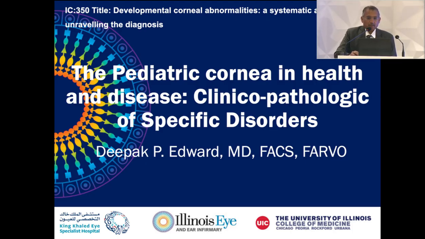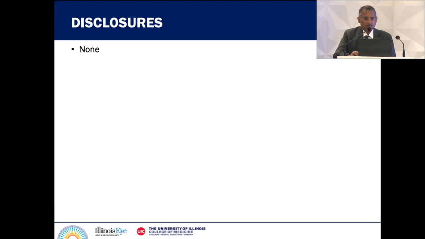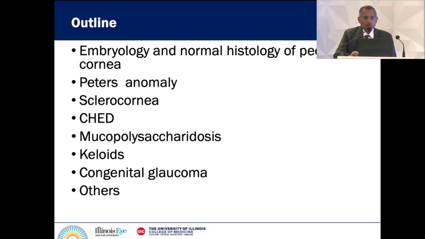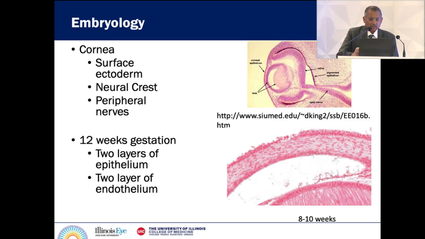So I'm going to speak a little bit about the pediatric cornea from the pathology perspective in health and disease, and give you examples of some of these diseases. We'll briefly touch on embryology and some of the conditions we've already spoken about, and look at the conditions from a pathologist's perspective.